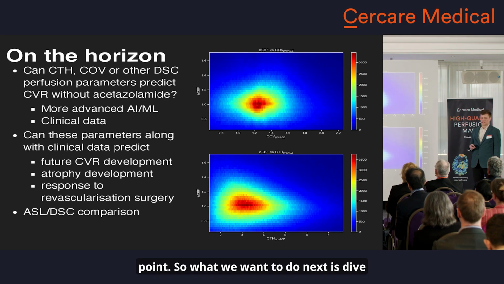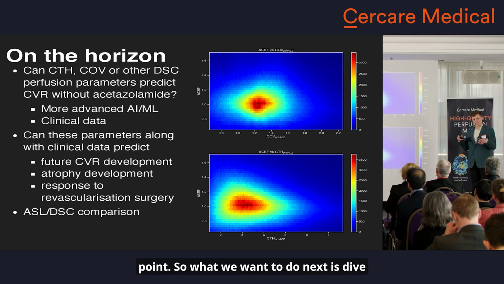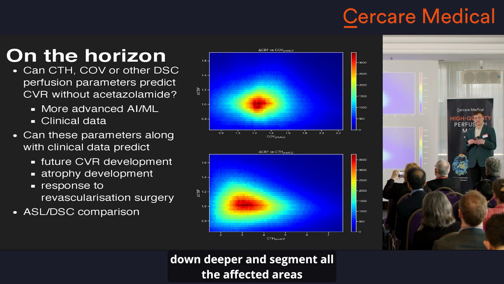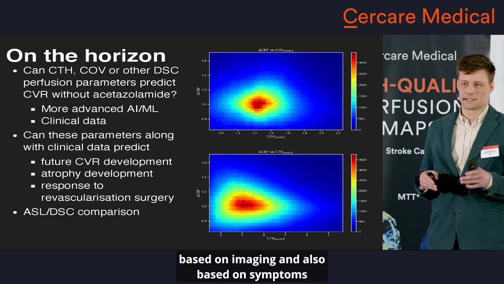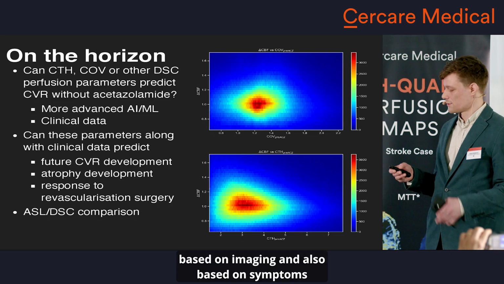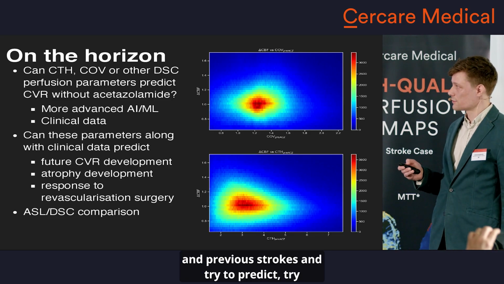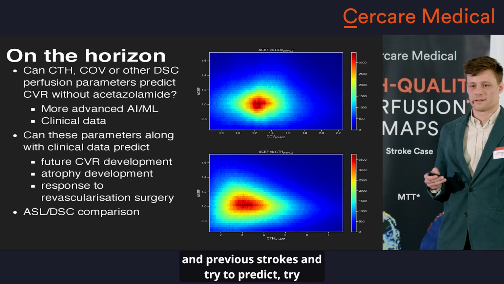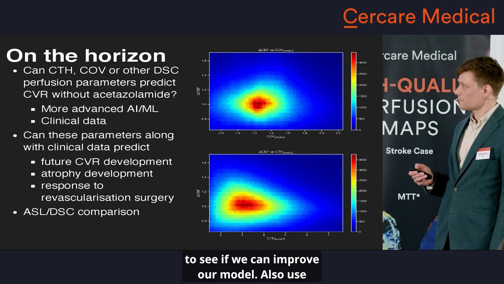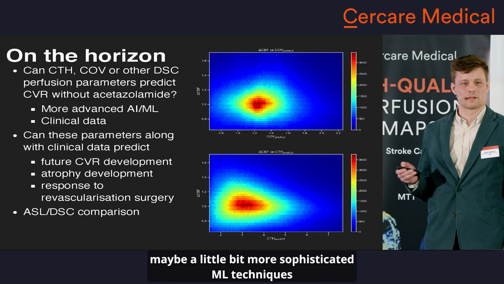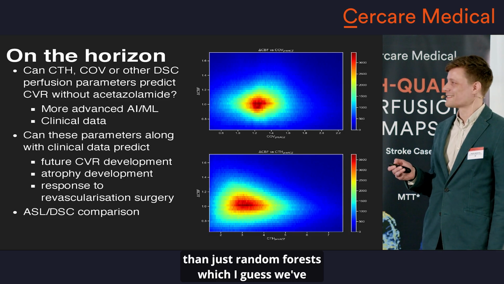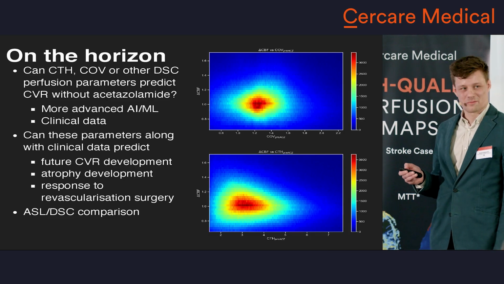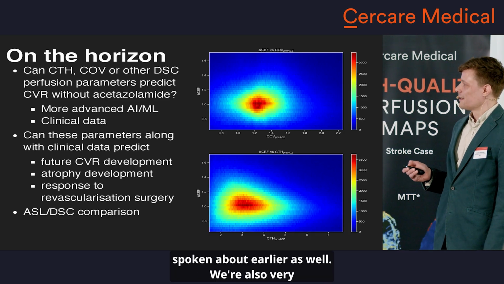So what we want to do next is dive down deeper and segment all the affected areas based on imaging and also based on symptoms and previous strokes, and try to see if we can improve our model. Also use maybe a little bit more sophisticated ML techniques than just random forests, which I guess we've spoken about earlier as well.